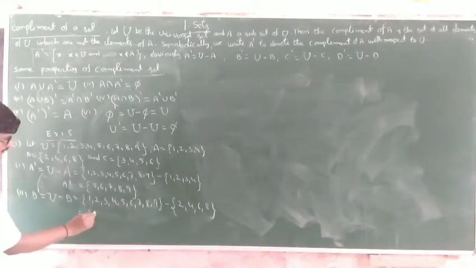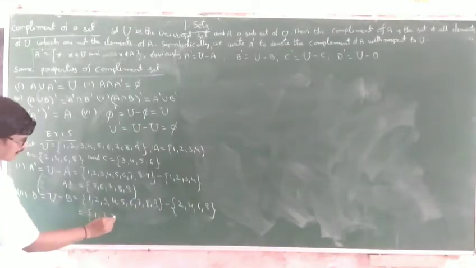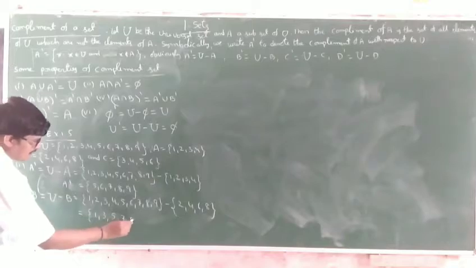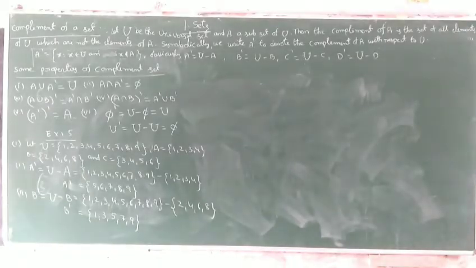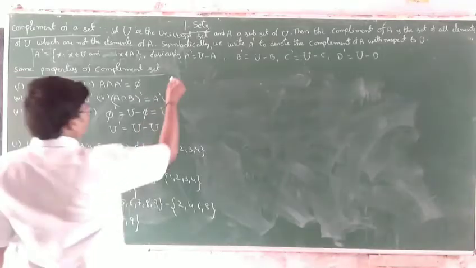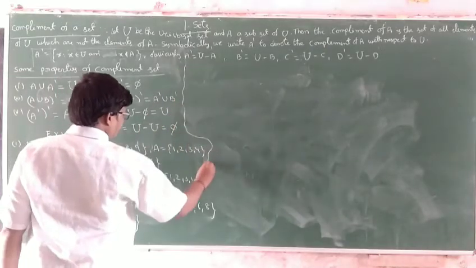What is the remaining? 1, 3, 5, 7, 9. This is B complement. Now next is A union C whole complement.